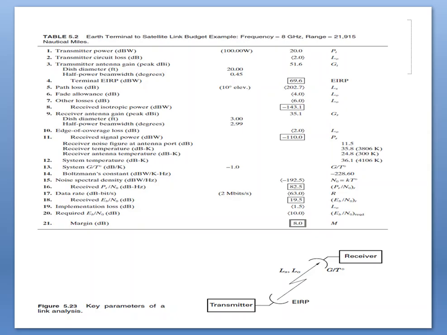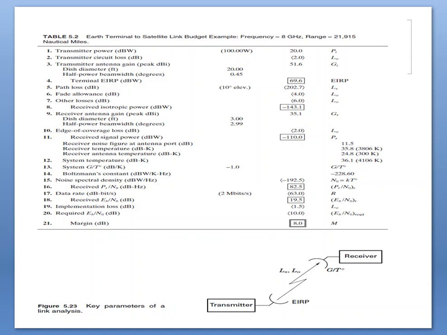We know that the margin in dB is equal to EIRP plus G/T minus Eb/N0 minus R minus K minus Ls minus L0. All is in dB. Once we go through the table, we examine a few parameters based on this list.